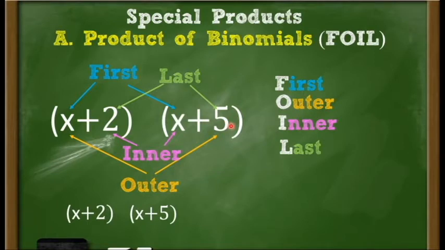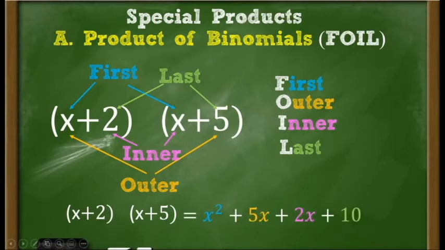So that will give you, yes, correct, that's 5x. Then for the inner terms, that's 2 and x. So the answer is, good, that's 2x. And finally, our last terms are 2 and 5. So what's the product of 2 and 5? Nice, that's 10.